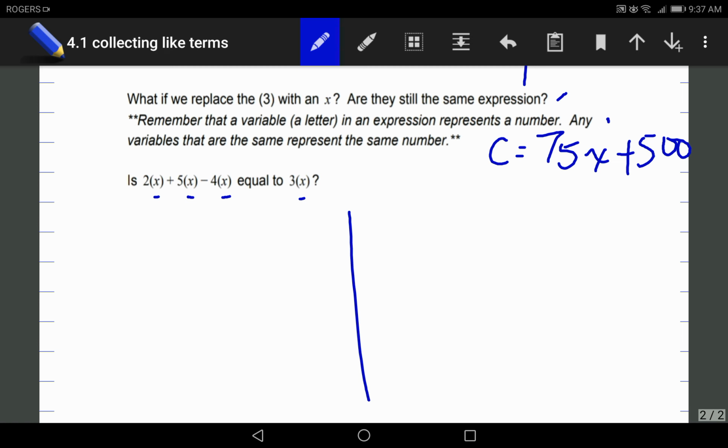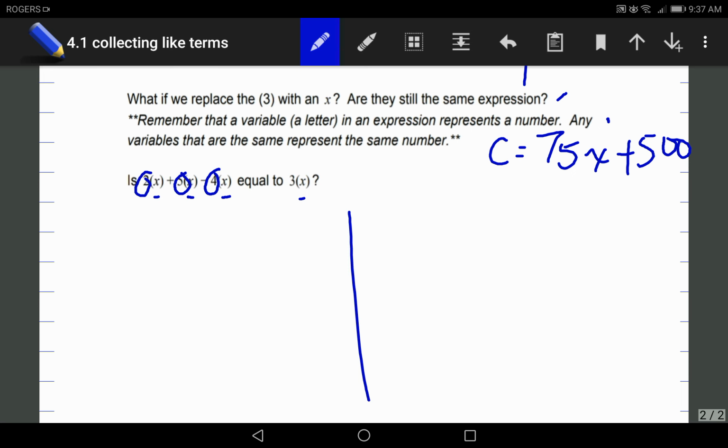Because they are all x's, we can add their coefficients. It's just like saying 2 cats plus 5 cats minus 4 cats. They all have the letter x. They're all represented by the same number because they are all represented by the same letter.